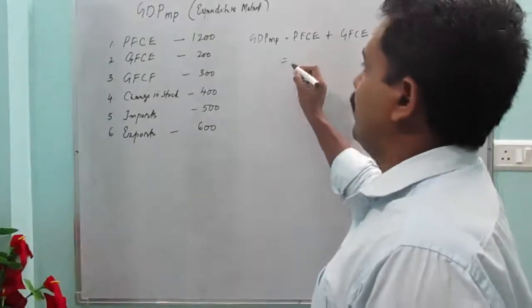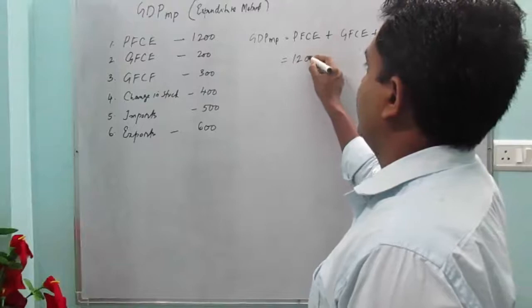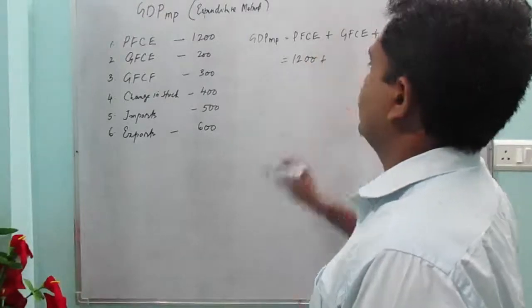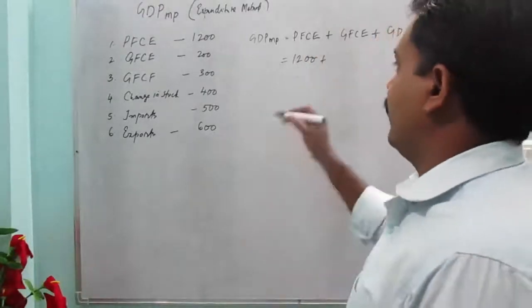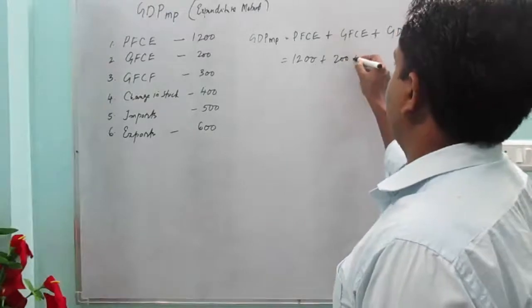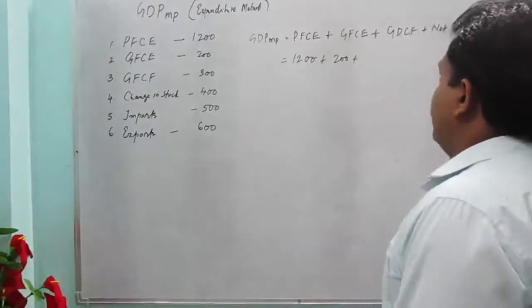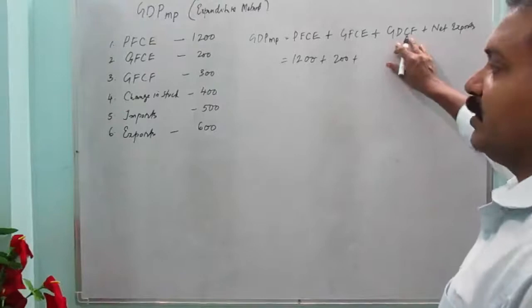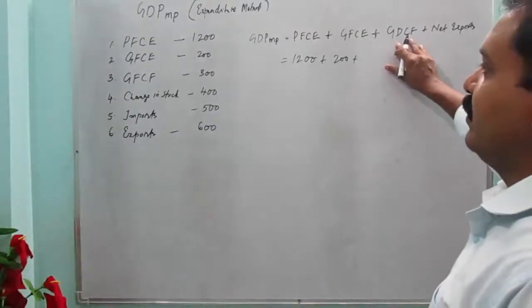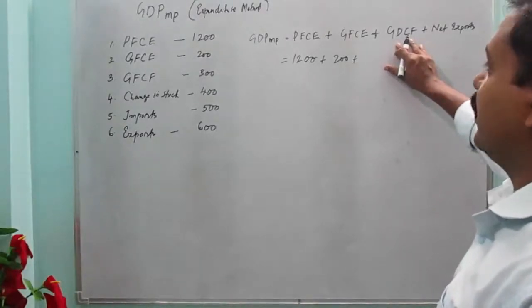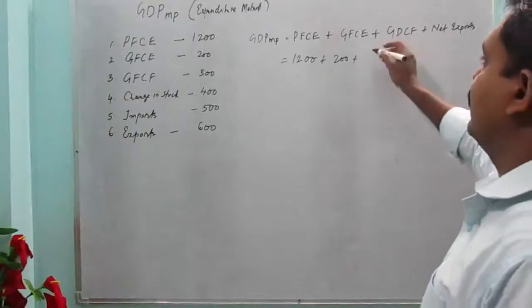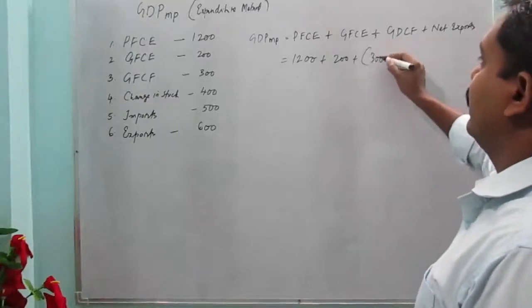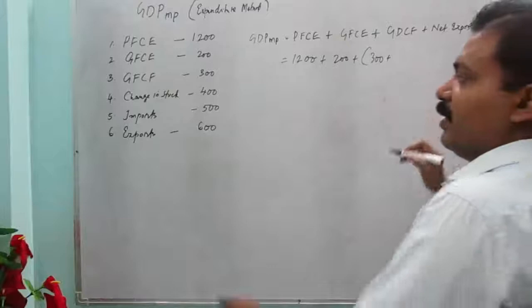So 1200 plus government, also directly given, 200, plus gross domestic fixed capital formation 300, plus what will come?